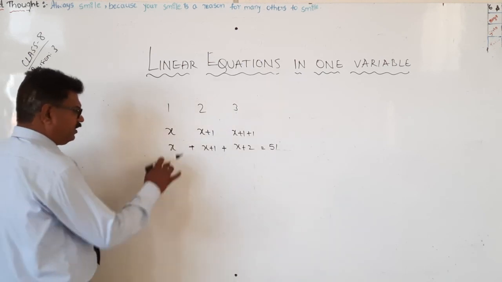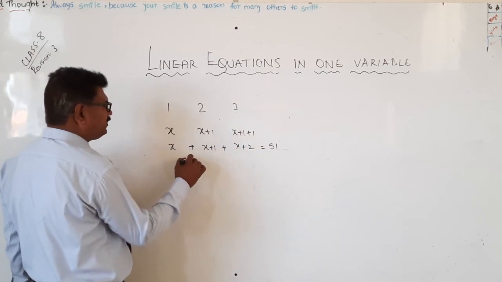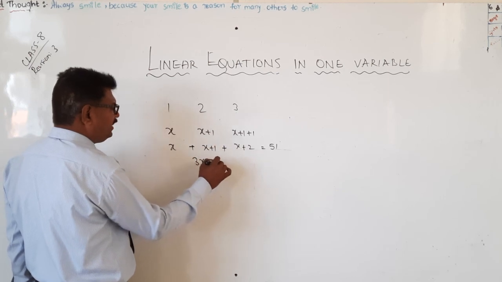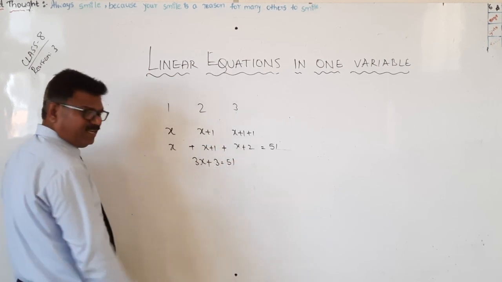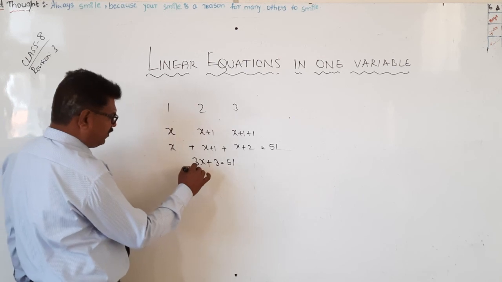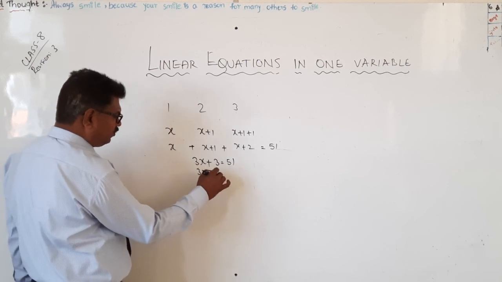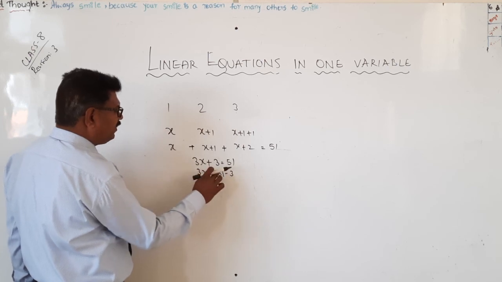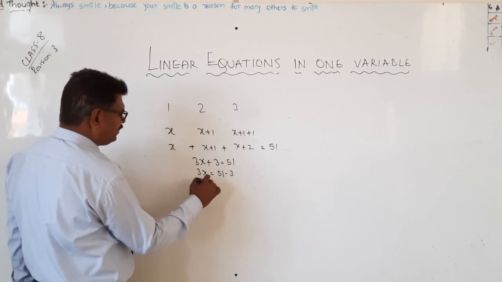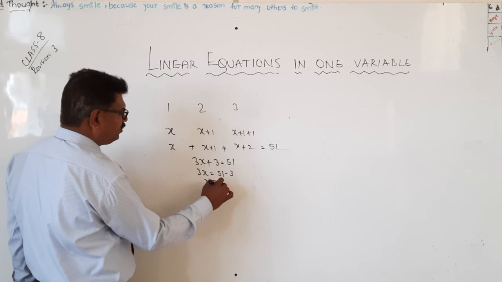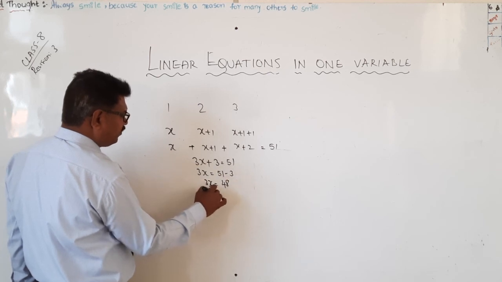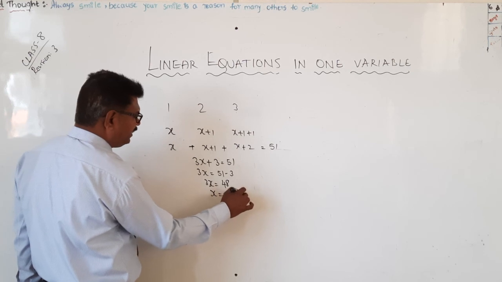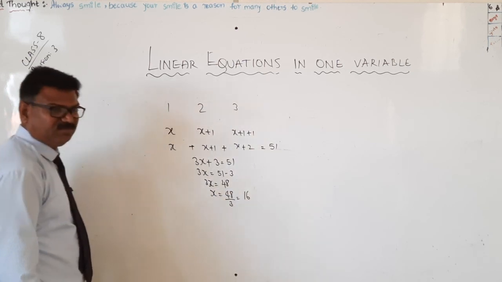Now very simple. x plus x plus x, how much? 3x. 1 plus 2, 3 is equal to 51. Therefore, 3x equal to 51 minus 3. Yes, 3x is equal to 48. Therefore, x equal to 48 by 3 equal to 16.